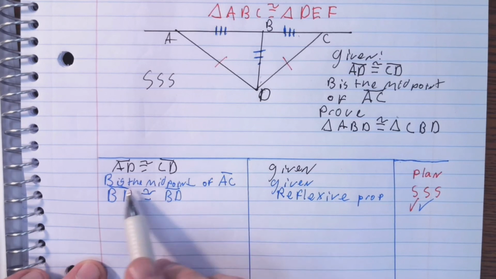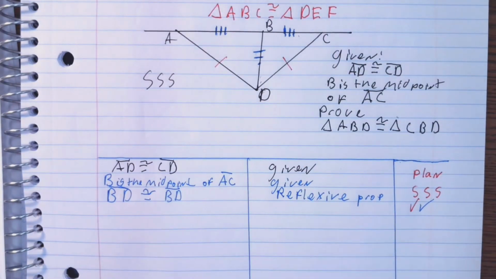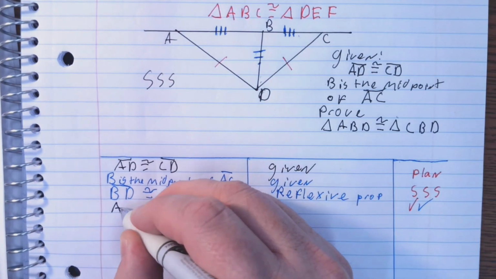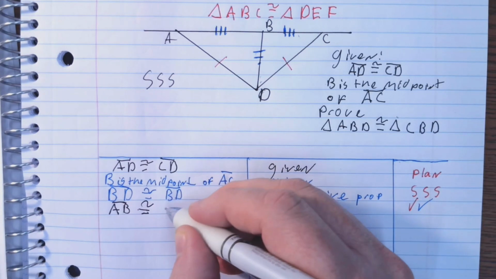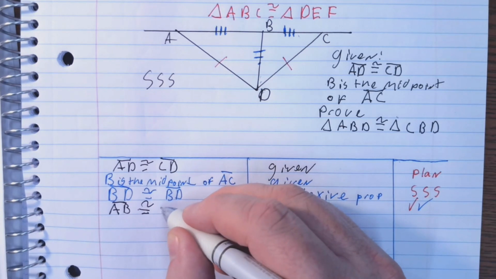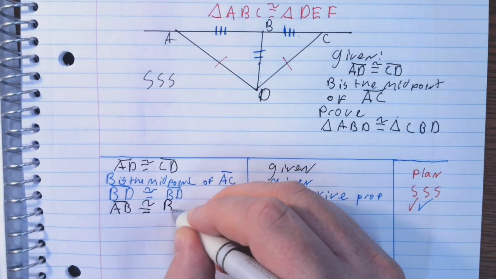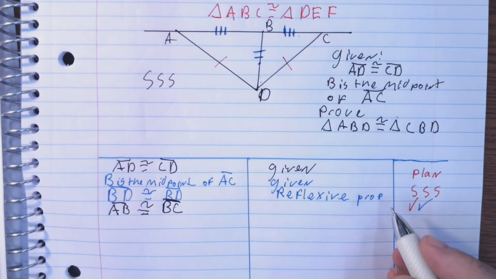So I haven't used this given yet, so I bet you I need to use that given. And so what I said up here, just drawn on this, I really hope to prove that AB is congruent to BC, it could be either way, CD. How can I say this?